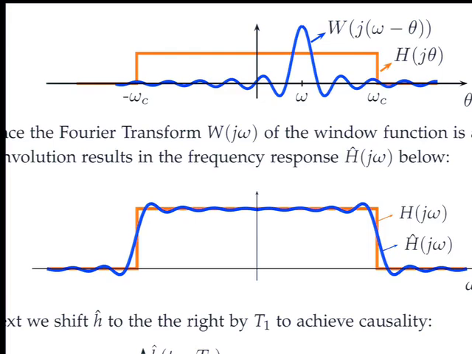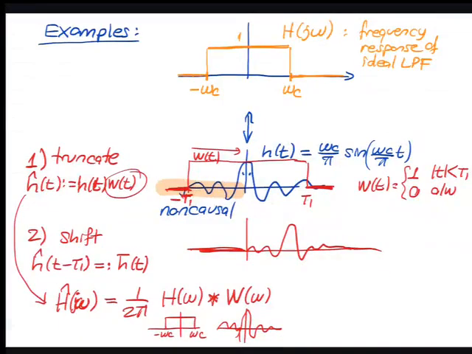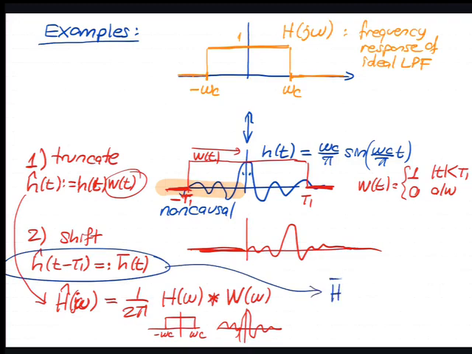The next part is the shift. So what does shift do? So what the shift does is, h bar of omega will look like what? If you shift in time, what happens in frequency? The answer is not much happens, okay?